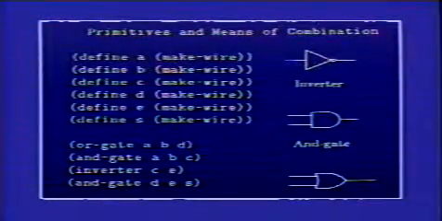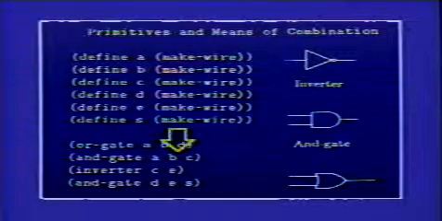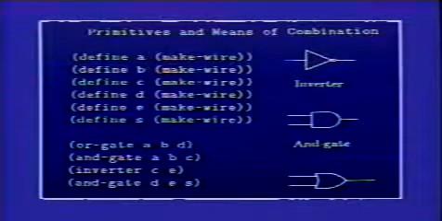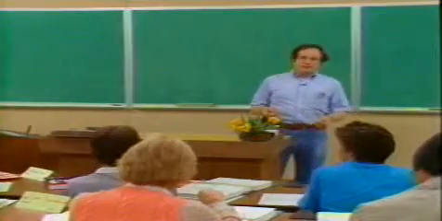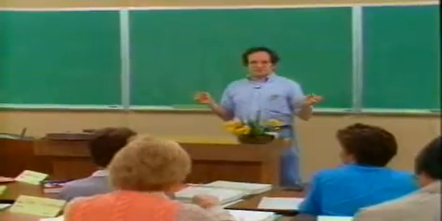An AND gate which has inputs A and B and outputs C, we notate like that. By making such a sequence of declarations, I can wire together an arbitrary circuit. So I've just told you a set of primitives and means of combination for building digital circuits.